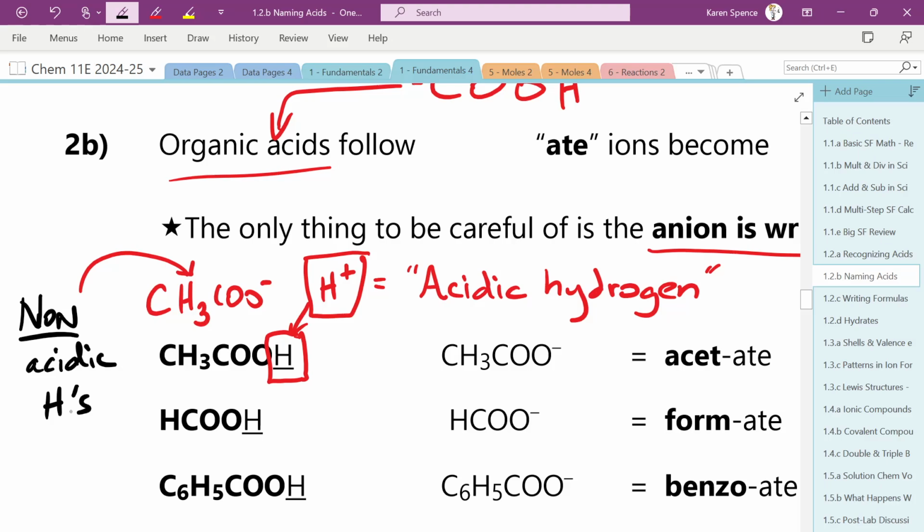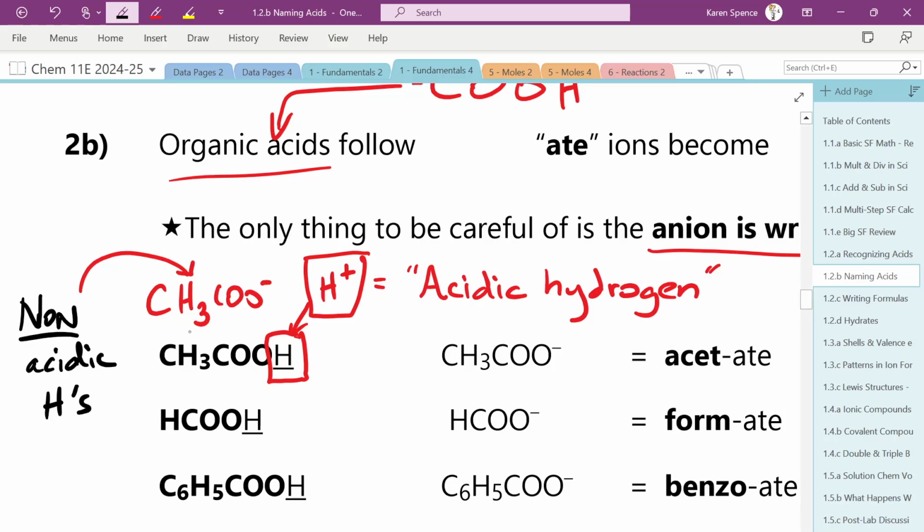They don't make it taste sour. They don't eat through metal. What are some other things about acids? They turn litmus paper. Anyone remember what color acids turn litmus paper? Red. We'll do a little acid lab so you can see all these things.